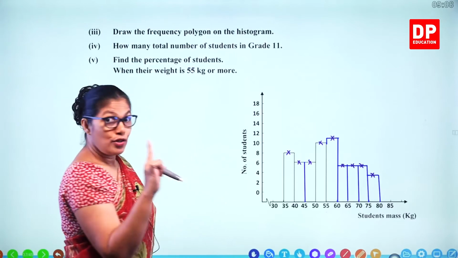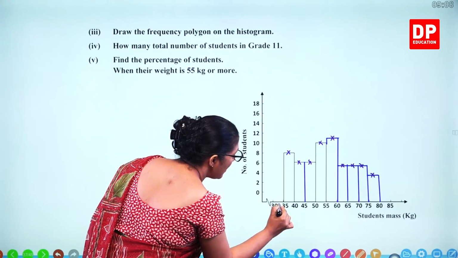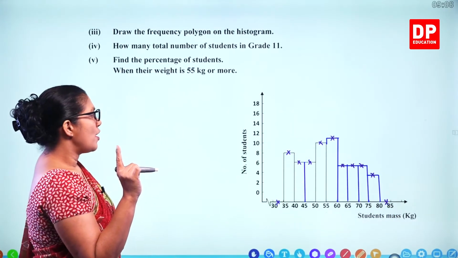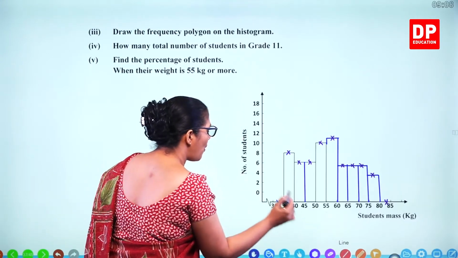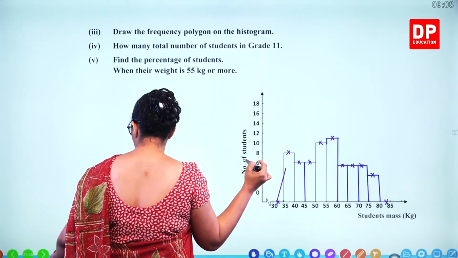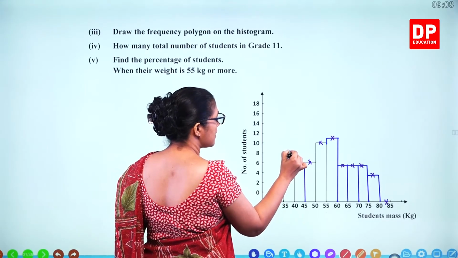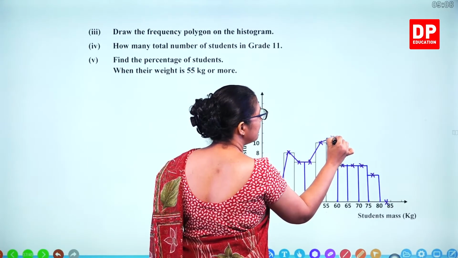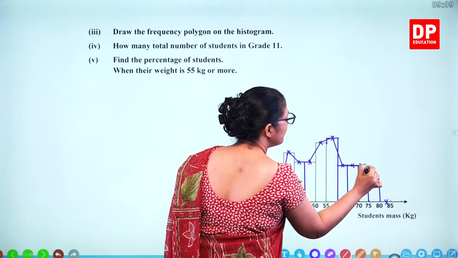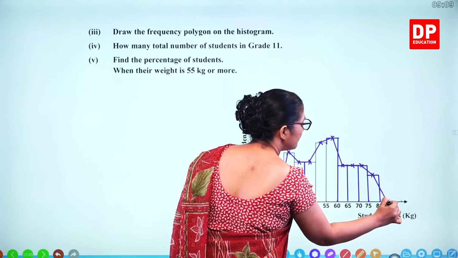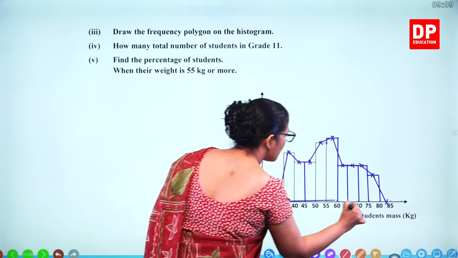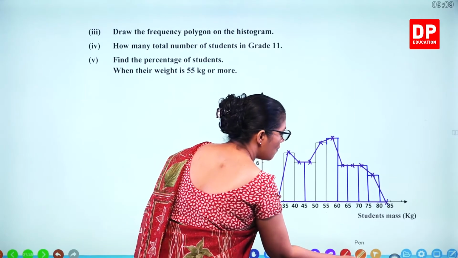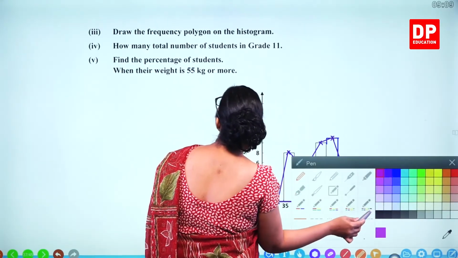And what you do is you take the previous interval and mark the midpoint here. And for the final interval also, you have to mark the midpoint. Now you can connect all the midpoints. That's the frequency polygon. So you can connect all these midpoints. And then draw this line. So this is the completed frequency polygon. What's the next one?